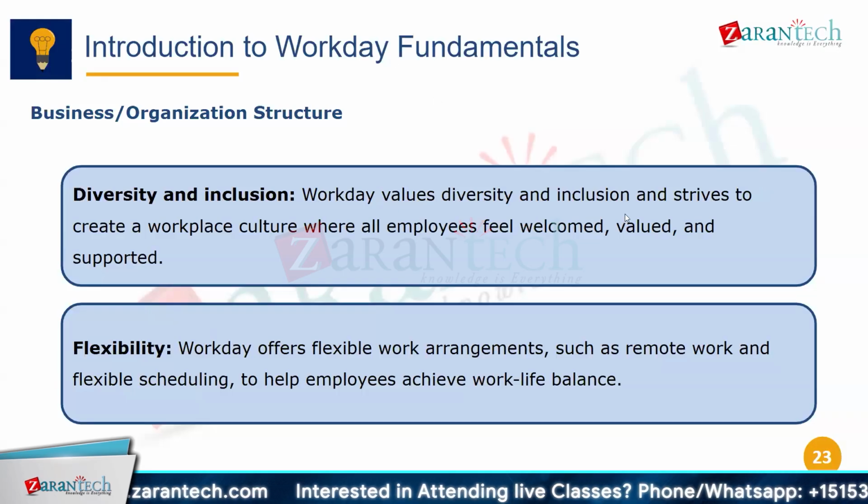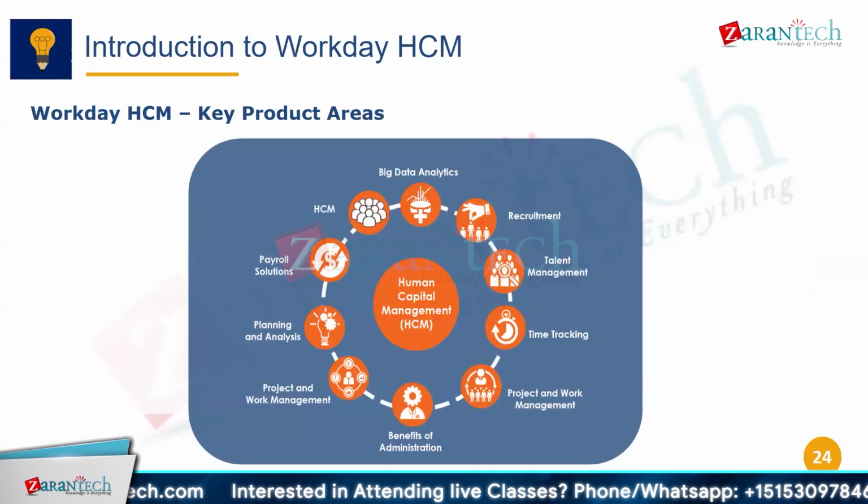Okay. Now an introduction to what the Workday HCM key products look like. How many products does Workday have? HCM is the core. HCM is the main module that holds all the modules together. That includes payroll, planning, project management, benefits, project and work management, time tracking, talent management, recruiting, big data analytics, or the learning portal.